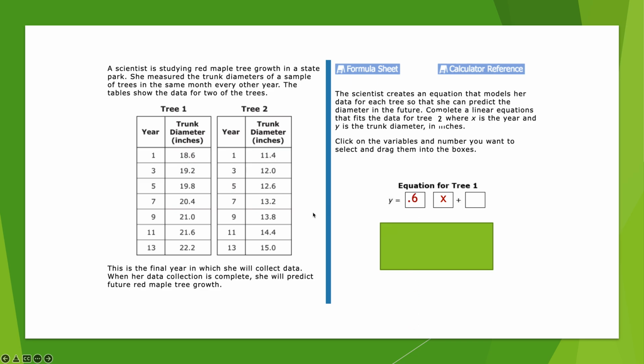And then you have to figure out what was the original equation. And since you're going up by 0.6s, year 0 is the start, year 1 is not the start. So I have to subtract 0.6 from 11.4 and I get 10.8. So it's y equals 0.6x plus 10.8 for tree 2.